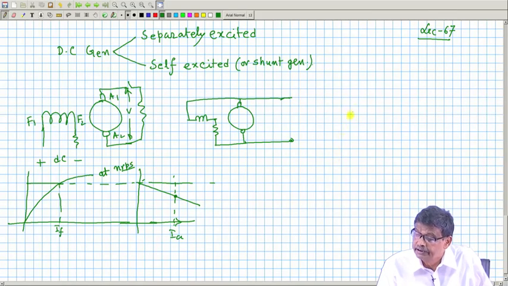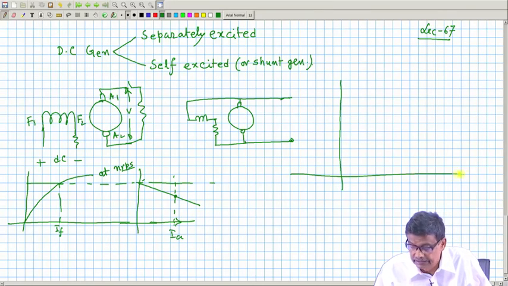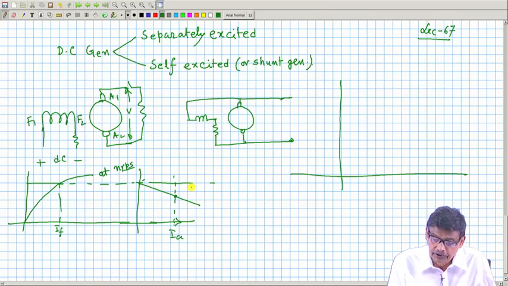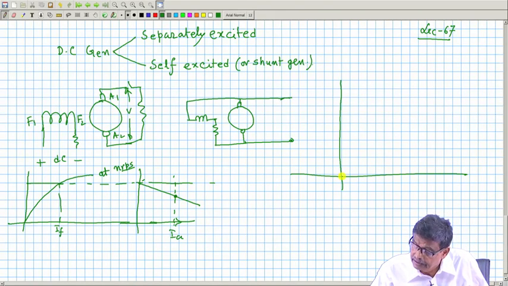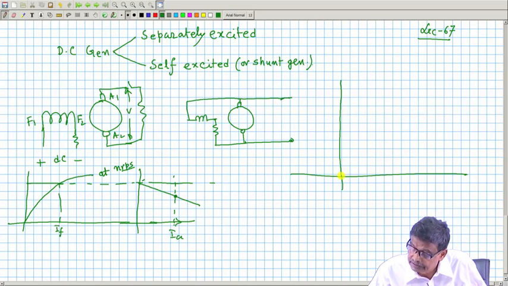In the case of the shunt generator we were discussing, it will be like this. You have to run the machine as a separately excited generator to get the voltage available under no load condition.